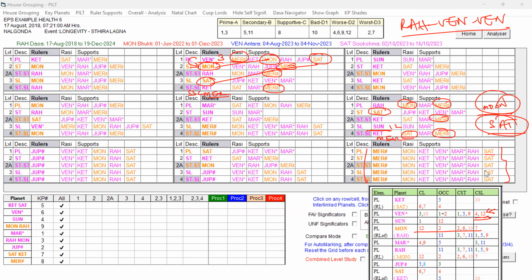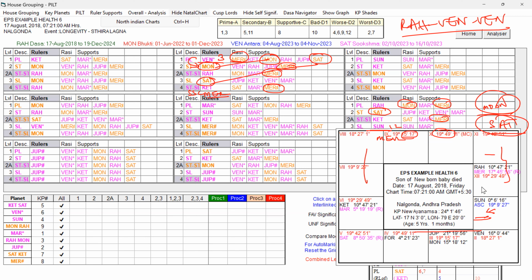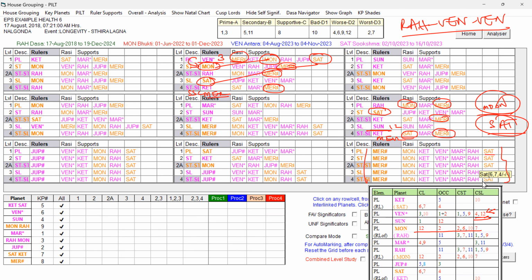You can see Rahu and Mercury in the sign of Moon. That Moon itself is weak, and Mercury and Rahu are conjoined. Rahu and Mercury are important planets for breathing also. They are being disturbed. Because of that, in Rahu Dasa, Venus Bhukti, Venus Antara, that child unfortunately died.